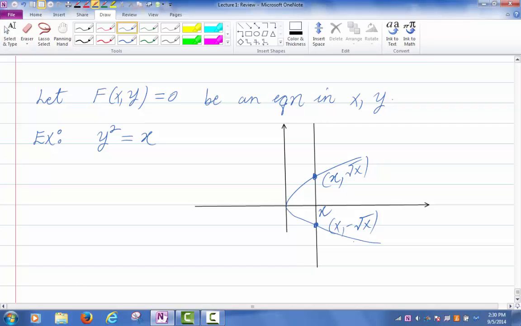Same way, if I draw the graph of a circle, it doesn't represent a function either. So what is the vertical line test to determine whether a given curve represents a function?